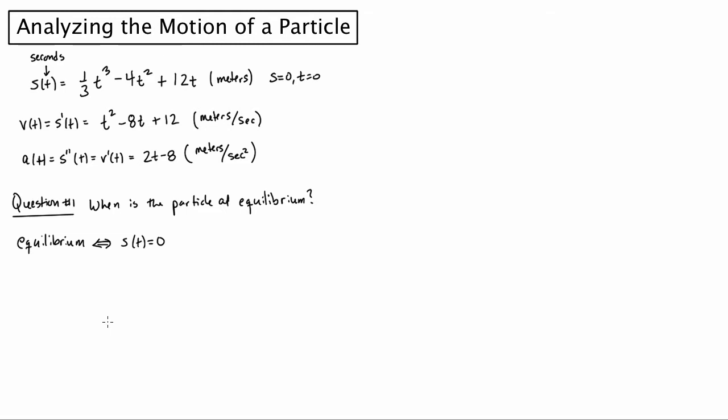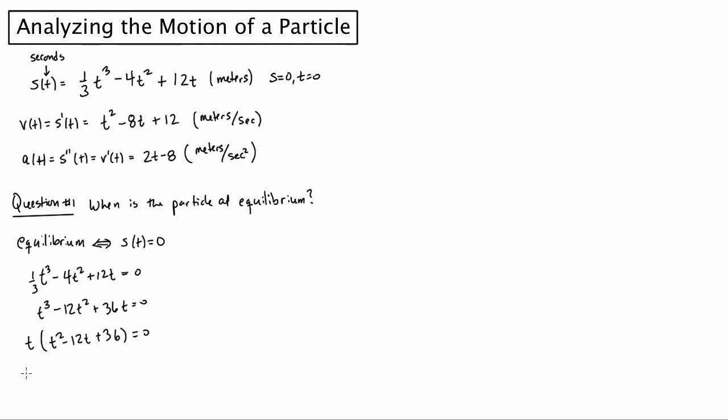In order to solve for that, we take the position function, 1/3 t cubed minus 4t squared plus 12t, and set that equal to 0 and solve. I'm going to simplify this a little bit by multiplying through by 3. Then it's up to our ability to factor this. I'm going to factor out a t, which leaves me with t squared minus 12t plus 36.